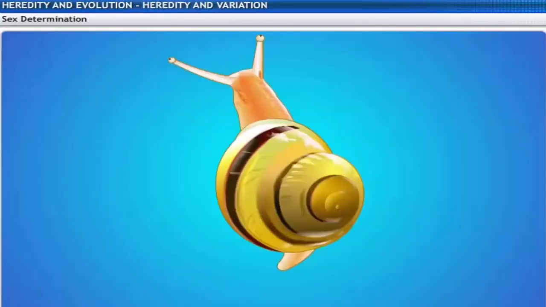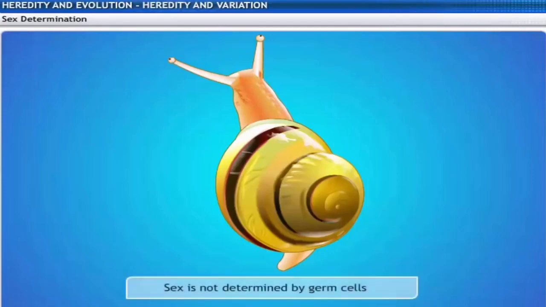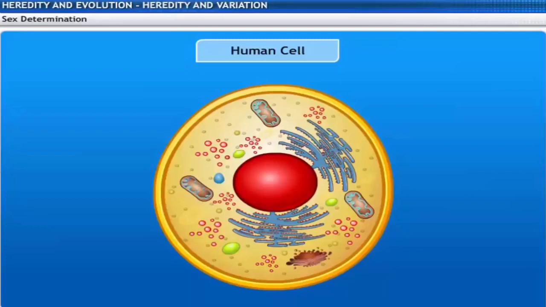In other species, such as snails, individuals can change sex depending upon the external environment. It indicates that sex is not determined by germ cells. Let's see how genetic inheritance determines the sex.